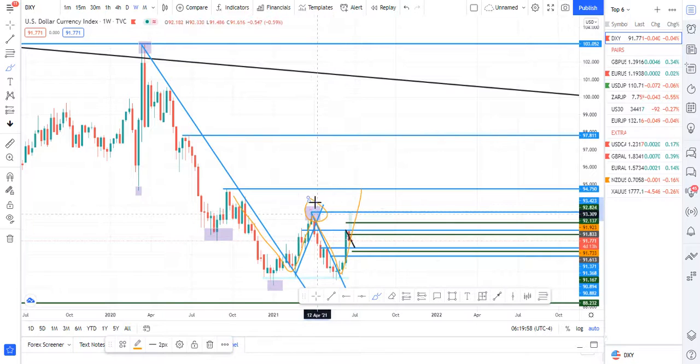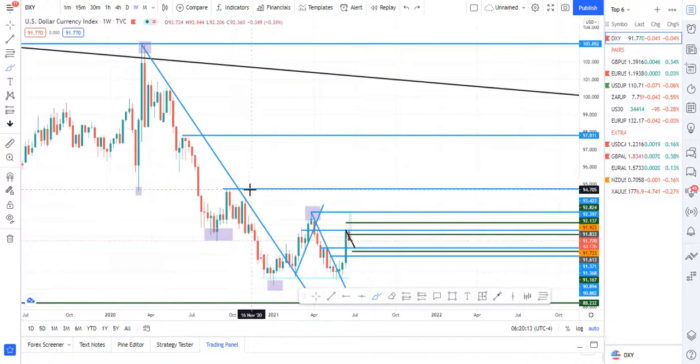So these two resistance lines are significant to us. This is going to be the minor for the current structure, and this is going to be the resistance for the overall structure at this point in time.